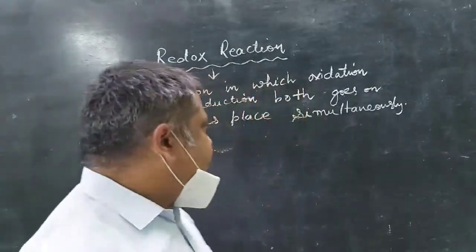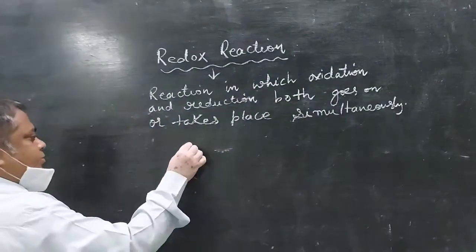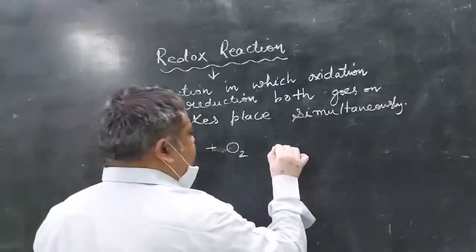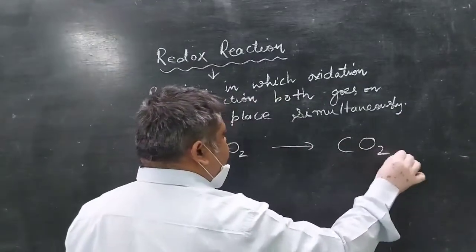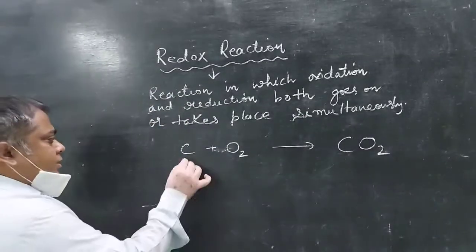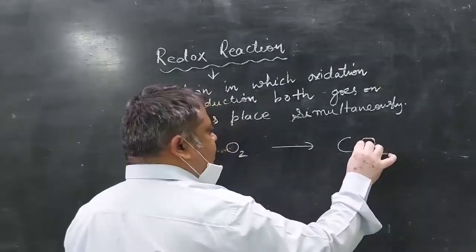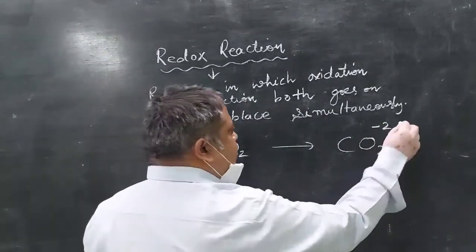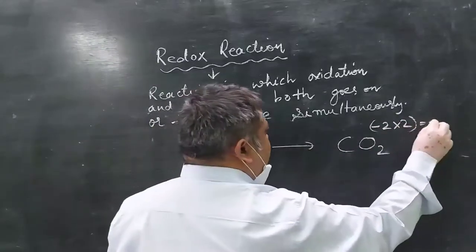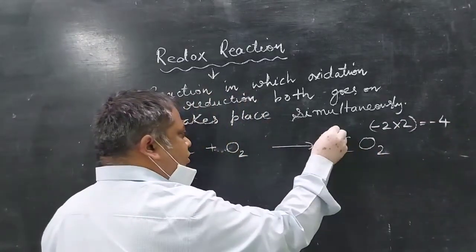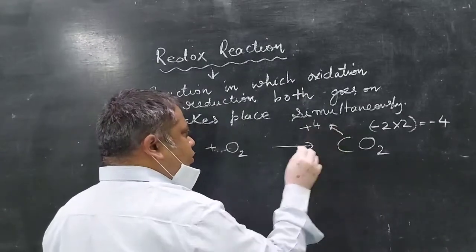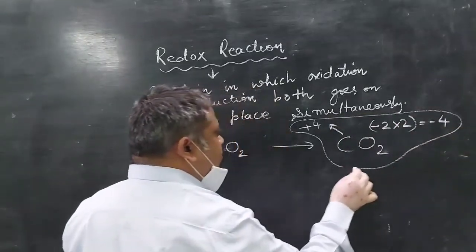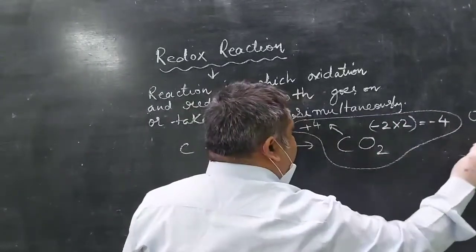Let us take some example. Say carbon burns in the presence of oxygen, then it forms carbon dioxide. We know that the charge on one oxygen atom is -2. There are two oxygen atoms, so the total charge is -4, and the charge on carbon is +4, because the whole molecule has to be neutral.